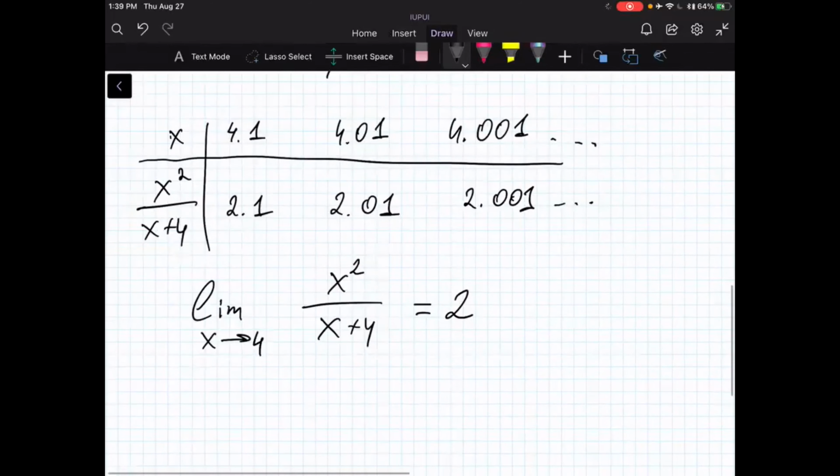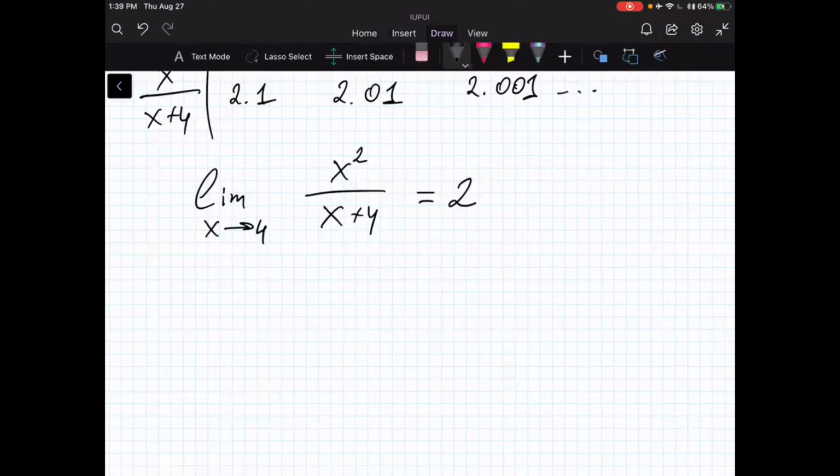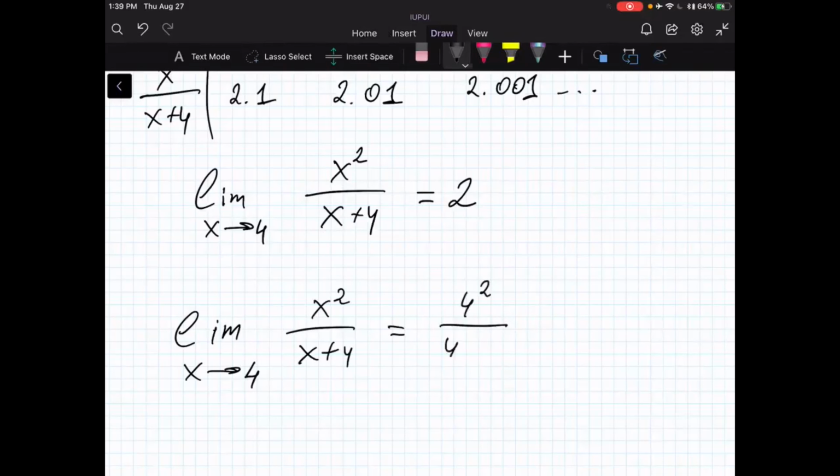In some sense, you may ask why we just don't substitute x equals 4 into our function. So why didn't we write something like this: limit when x goes to 4 of x squared over x plus 4 as just 4 squared over 4 plus 4, which is 16 over 8, which is just 2.